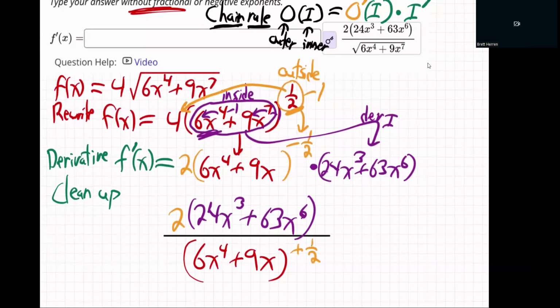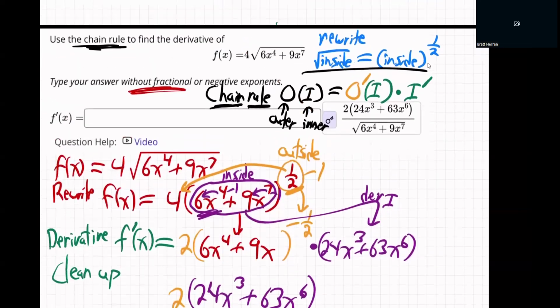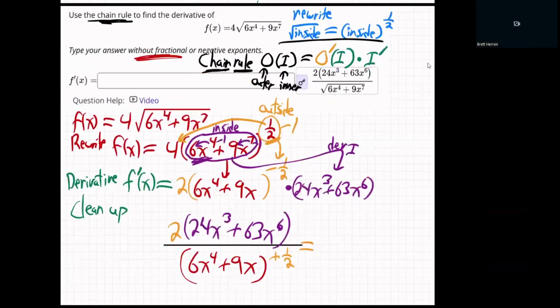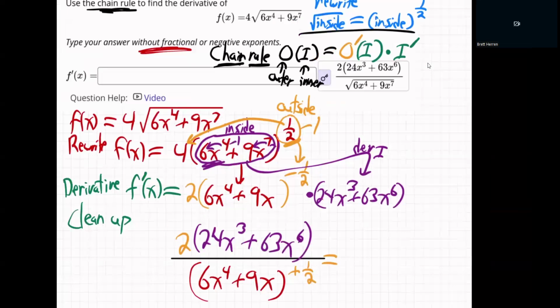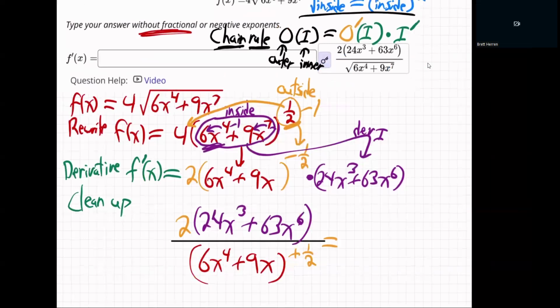I got one more step, and I'll do it right here. But do you see what just happened there? Do you remember that negative powers go to the other side of the fraction? That's the key thing you got to remember. Here, I'll scribble it over here. If you have x to the negative 3, that's 1 over x to the positive 3. Negative powers are unhappy where they're at.